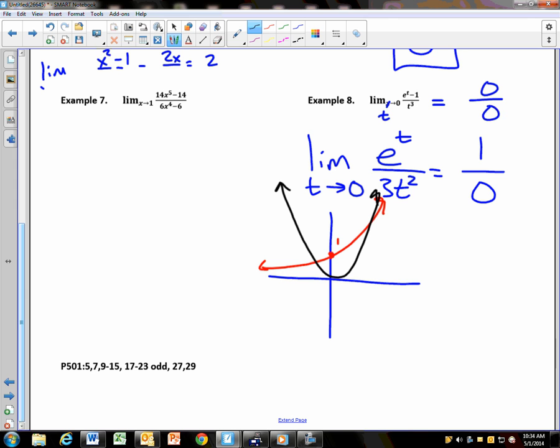So you end up with something very close to 1 divided by something that is infinitely small. Are they both positive? They're both positive, so you'll get positive infinity.